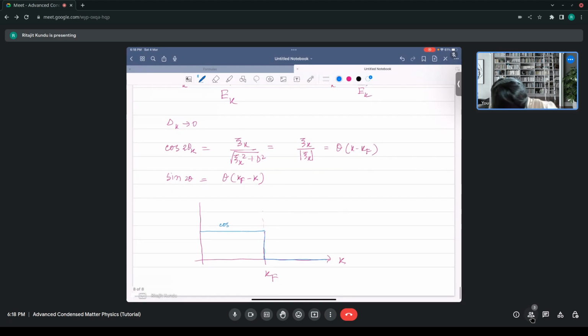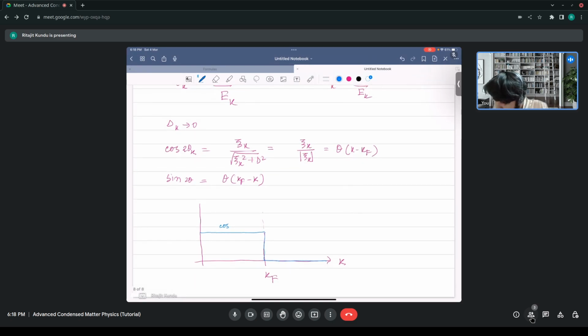Okay, so one important thing I have missed here. The cosine theta k actually looks a little bit different: it is ek plus psi k by 2 ek. So if you just take this expression, you already know what the 2 theta k is, so you will be able to write down what the cosine theta k is.